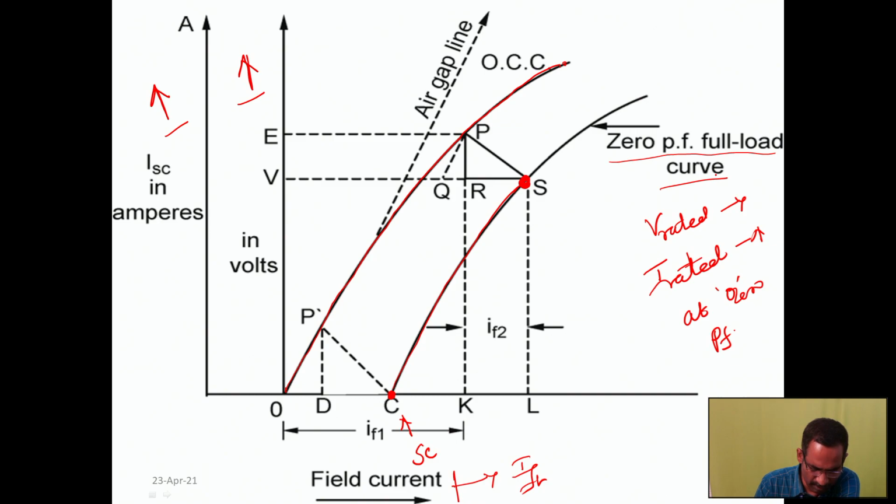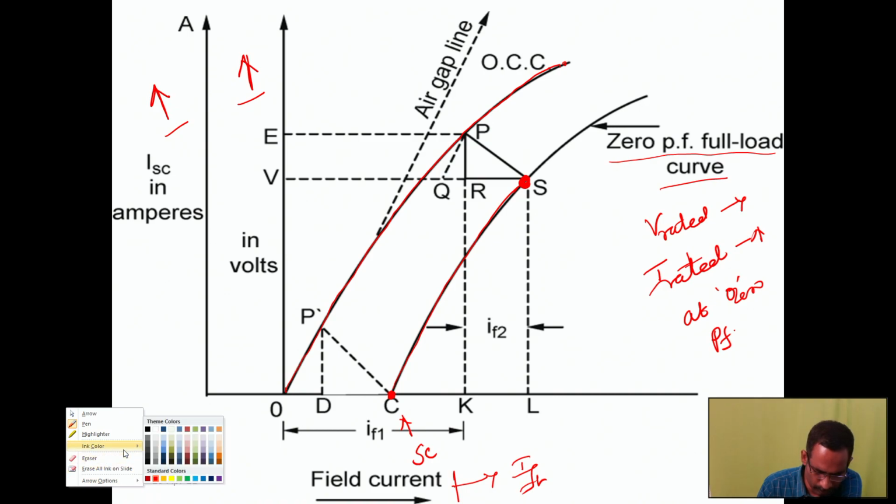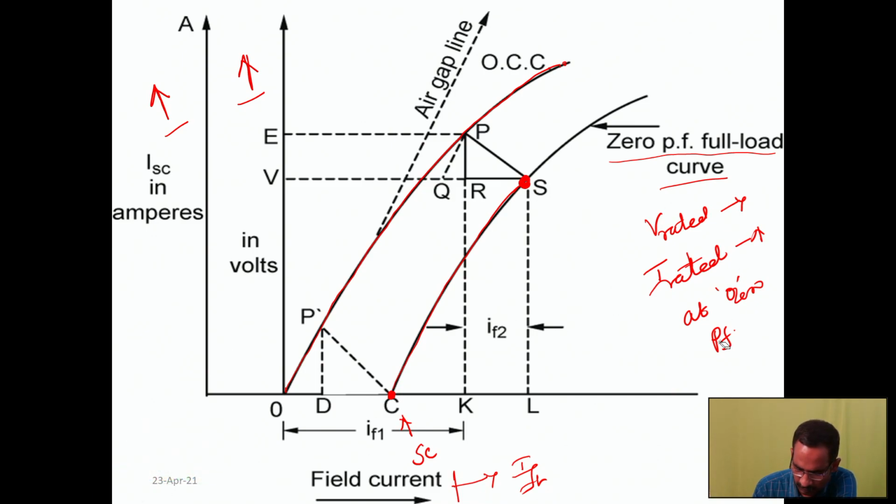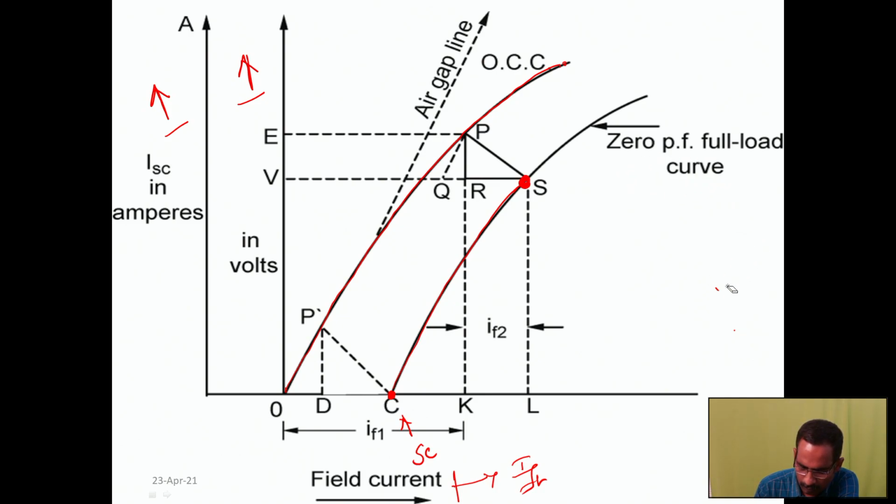Now, wait a minute, I will erase everything. Okay, so I have drawn this. Now I am going to draw the tangent for this OCC graph.